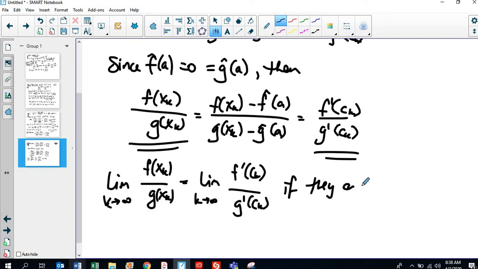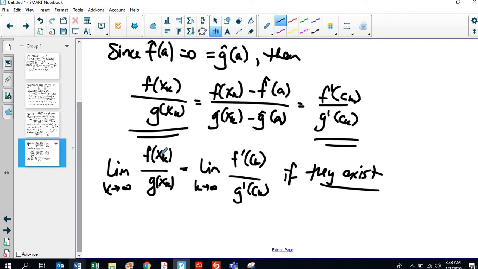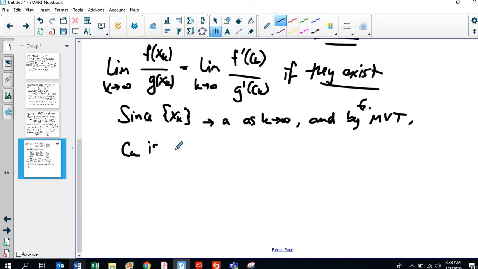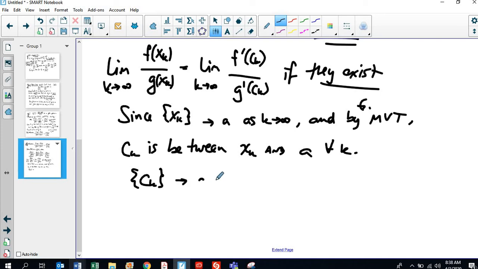If they exist, they're equal, okay? And so now, notice this. Since xk was defined to go to a as k goes to infinity, and by the mean value theorem, the general one, where is ck located, right? ck is between xk and a for every k. So where does ck go? ck has to go to a as k goes to infinity by the squeeze theorem.